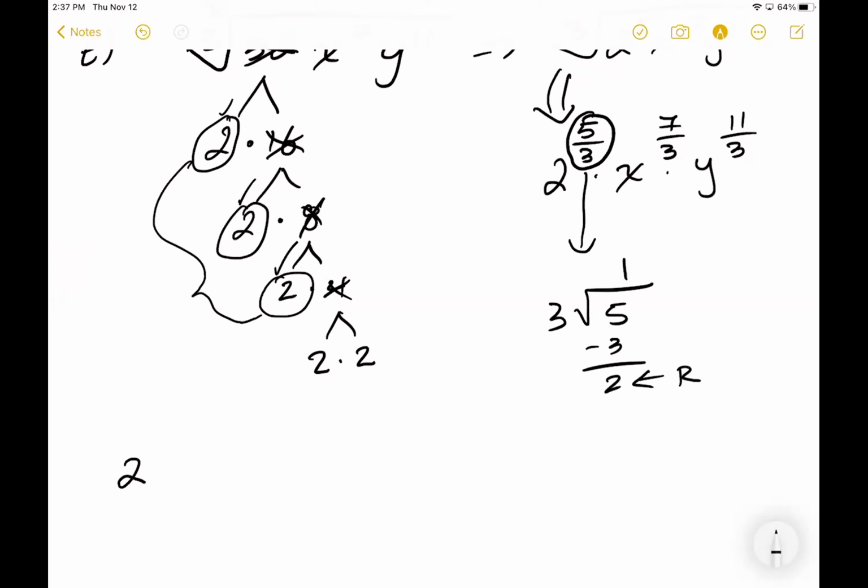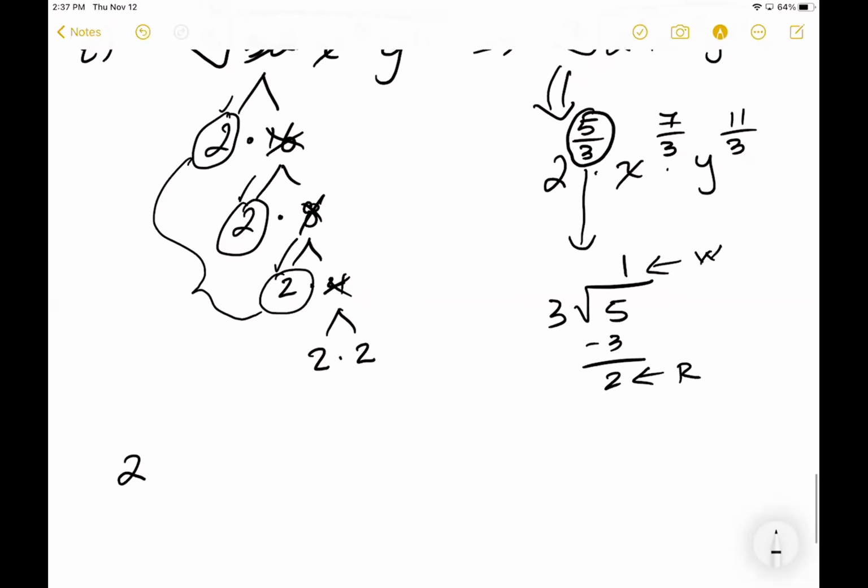And if we remember, I told you the whole number is what goes to the outside, and the remainder is what's left over, which is the power on the inside. If you take 3 into 7, you get 2, and 2 times 3 is 6, which leaves a remainder of 1.